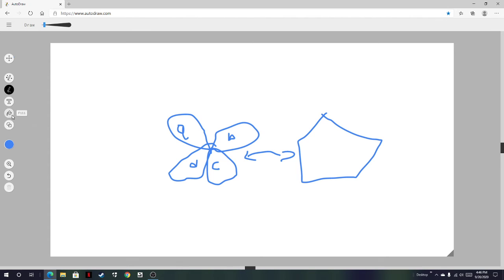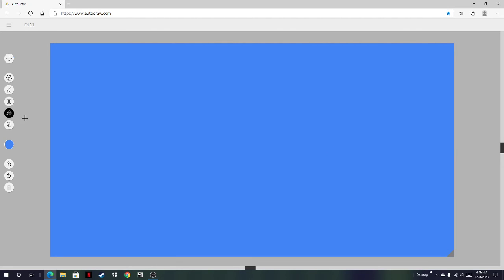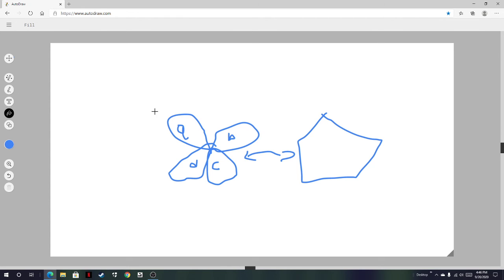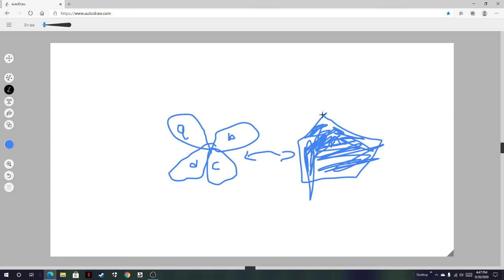But this whole thing is actually one homotopy. I'm not talking about the boundary. I'm talking about this whole pentagon. Because you don't just go from here to here to here to here. You can go like this. You can go like this. You just can't go outside of the pentagon.